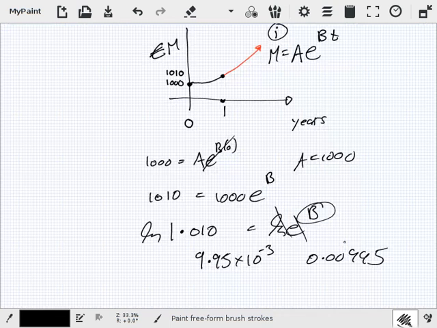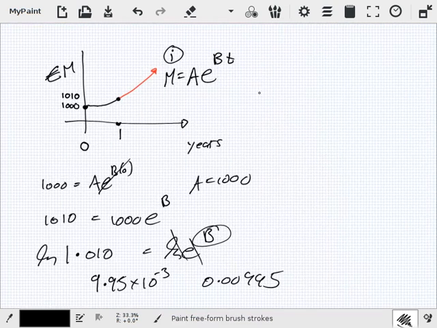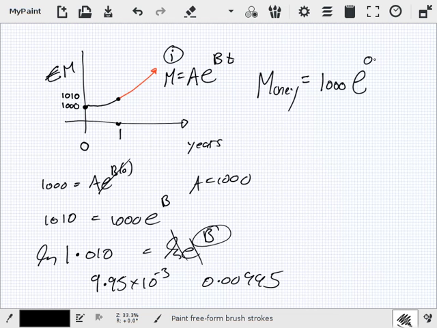So you've worked out that your money will behave according to this formula: 1,000 e to the power 0.00995 t.